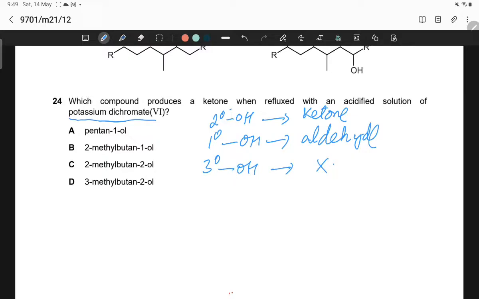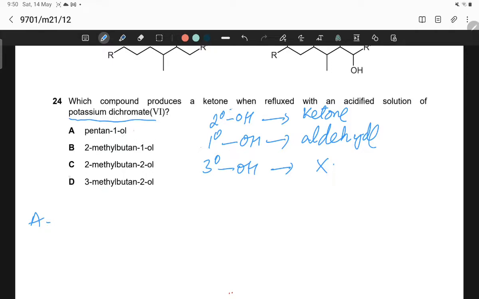So let's check the options. Pentane 1-ol. This is primary alcohol.